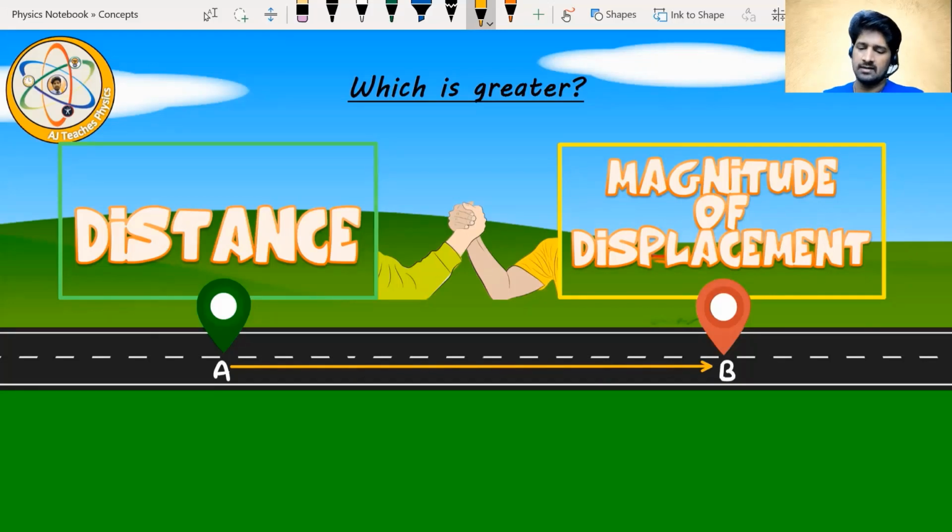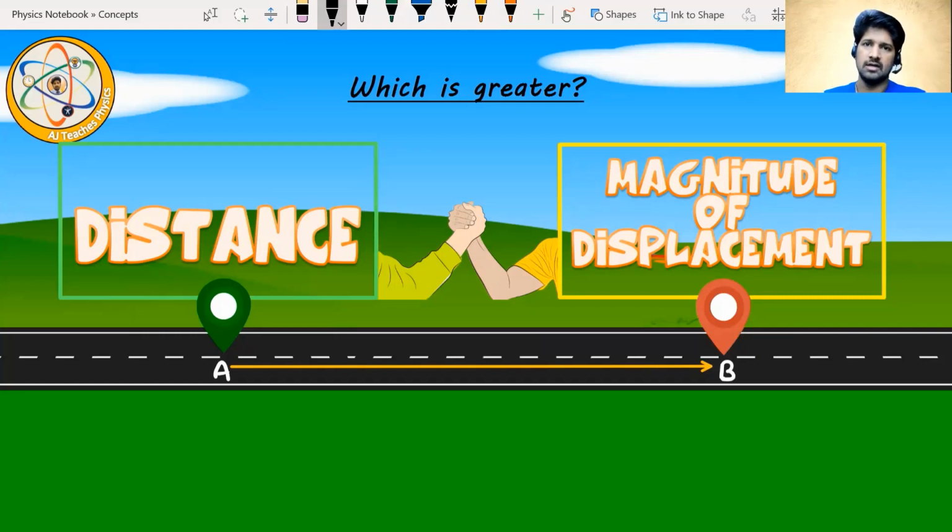Right. Can distance traveled by the object in this journey be equal to the magnitude of displacement? In other words, can the distance traveled be equal to the length of this arrow? Is there a possibility or not? There is a possibility, and that would happen if the object travels straight from A to B without ever changing direction.